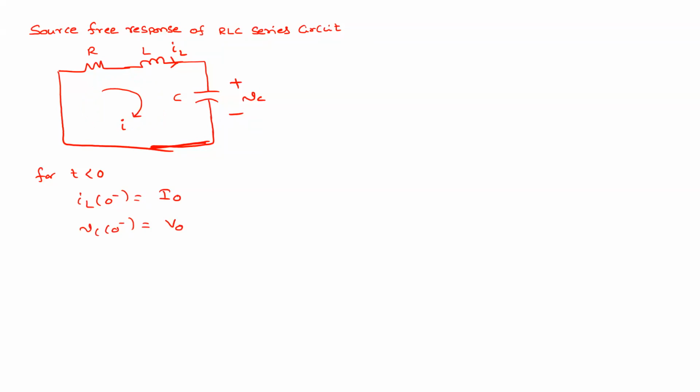So let us assume that I of 0 equals I naught. Similarly, the voltage across the capacitor VC of 0 is equal to V naught.